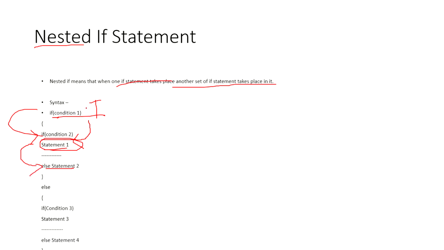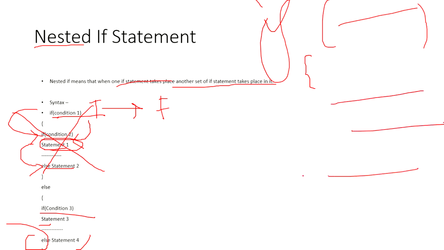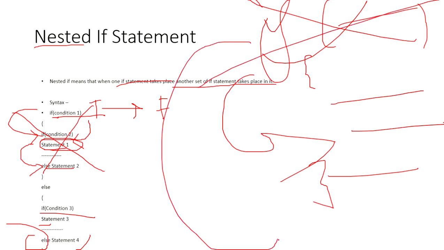If the first condition is false, it avoids all of this. If the first condition is true, it directly goes here, then says to print the third statement if it is true, else print the fourth statement, and after that close the curly bracket. If one condition is taking place, another set of conditions will take place, and if it is true, it will go directly here, and if it is false, it will go to another set.